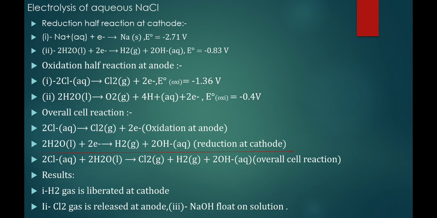Hydrogen gas is liberated at the cathode and chlorine gas is liberated at the anode. The Na+ ion and OH- ion which remain will combine with each other and form NaOH. So the final result: hydrogen gas is liberated at the cathode, chlorine gas is released at the anode, and NaOH is formed in the solution.